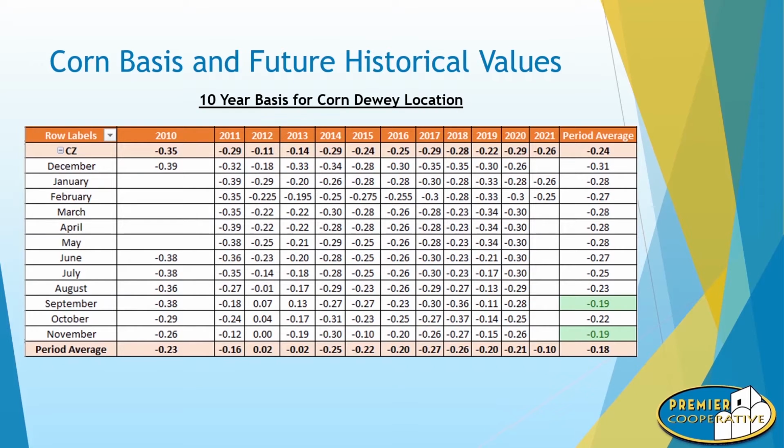And once again, you've got to set your basis sometime before harvest. It looks like right in harvest is about where they're at, 19, 22, and 19, except October and November. It looks like a pretty good time to set them all in all on the corn.